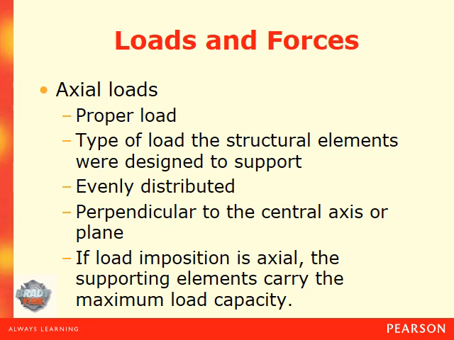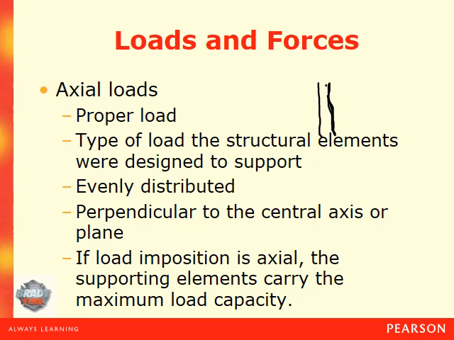Axial loads are proper loads. This type of load, the structural elements were designed to support, and it's evenly distributed. It is perpendicular to the central axis or plane. If the load imposition is axial, the supporting elements carry the maximum load capacity. So that's like an I-beam or steel girder, looking like a T. So that's our structural element there.